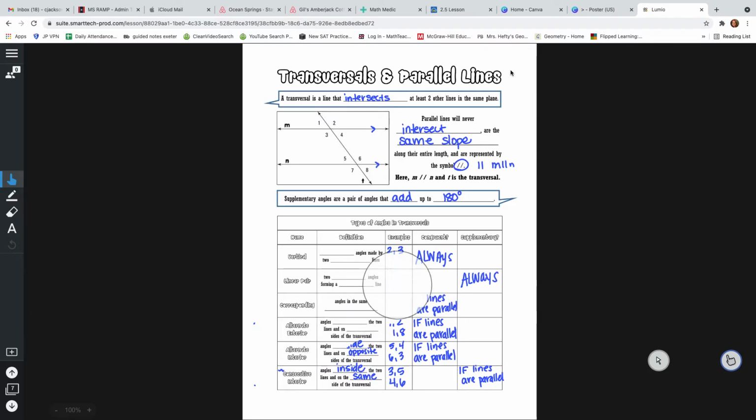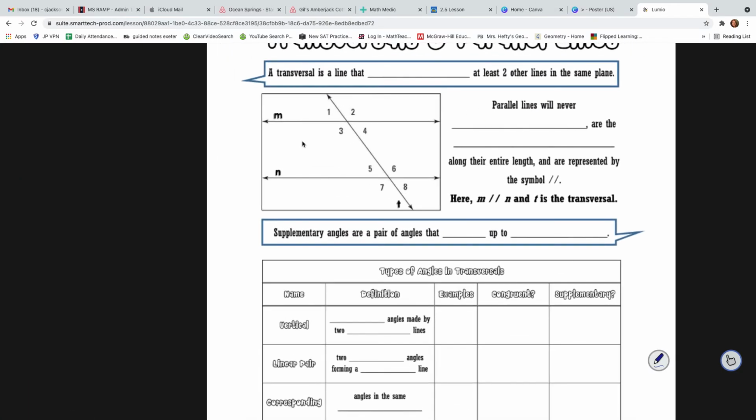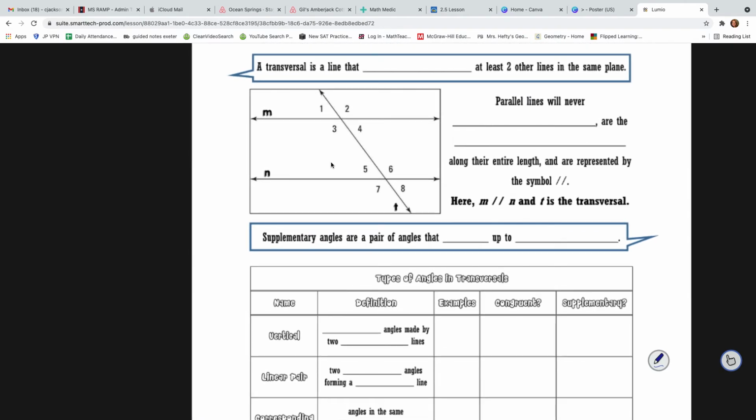A transversal is a line that intersects at least two other lines in the same plane. I'm trying to use the internet option and I don't like it. I'm not using it again.